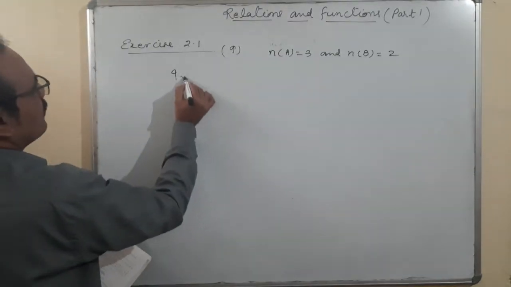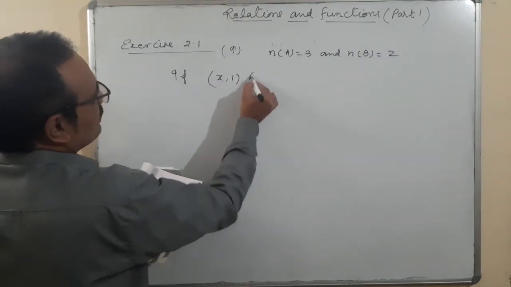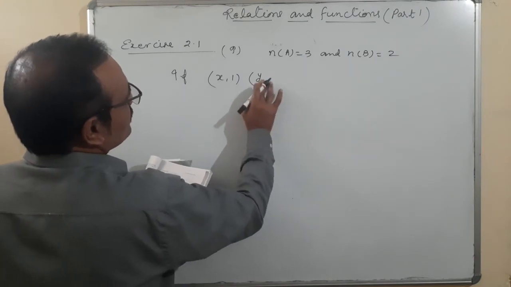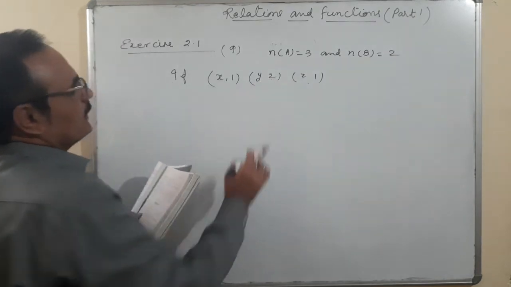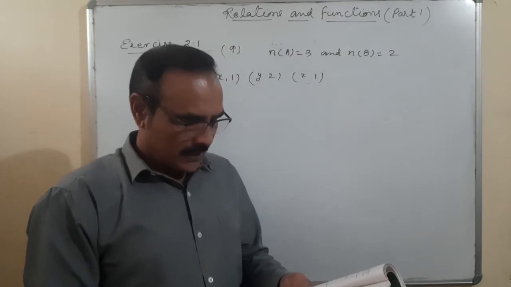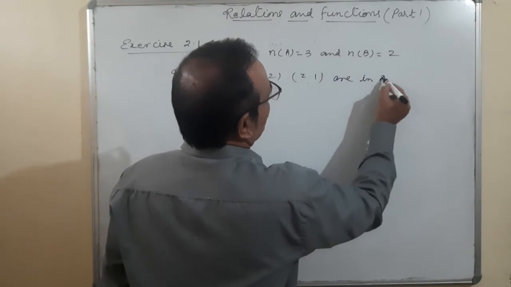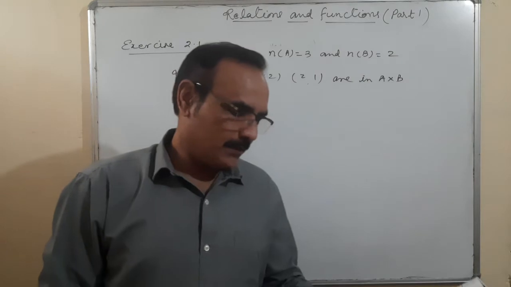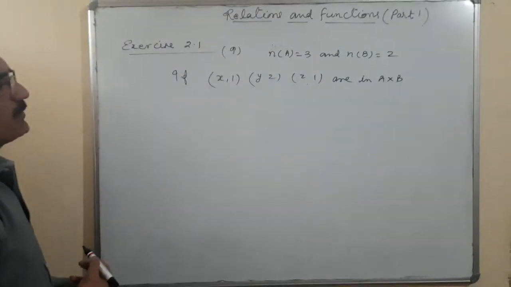If the ordered pairs (x,1), (y,2), (z,1) are in A cross B, find A and B where x, y, z are distinct elements. All x, y, z are distinct elements, find this, okay.